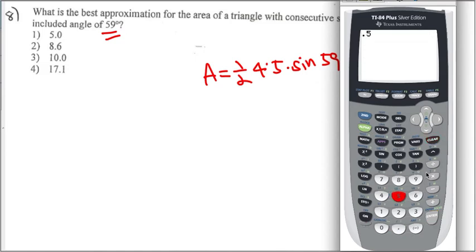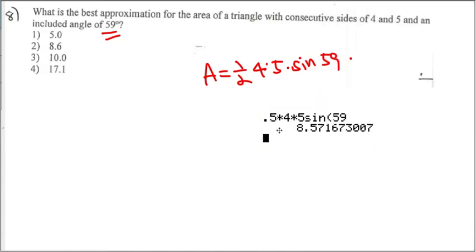One half, which is 0.5, times 4 times 5, and sine of 59. So the value is closest to 8.6 over here. Choice 2.